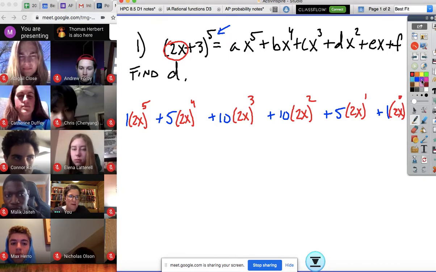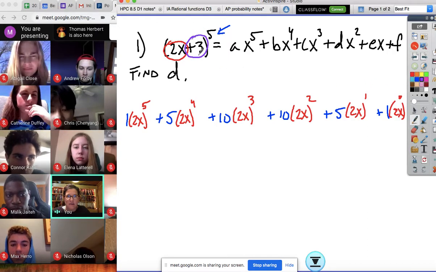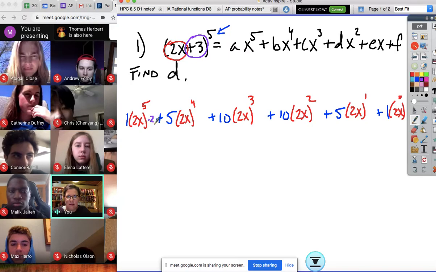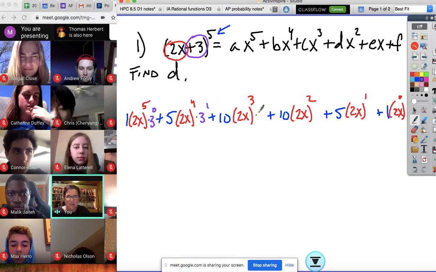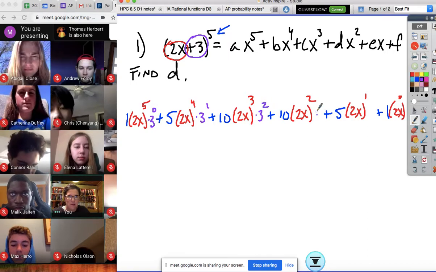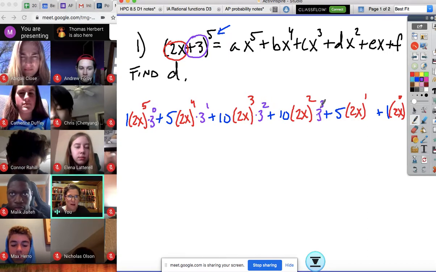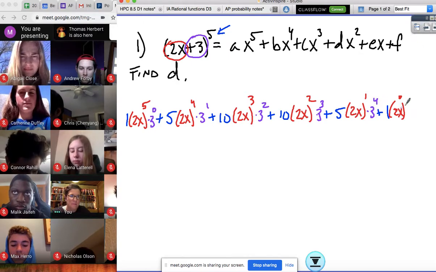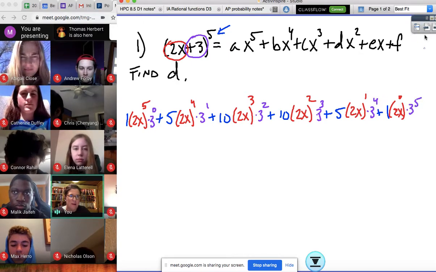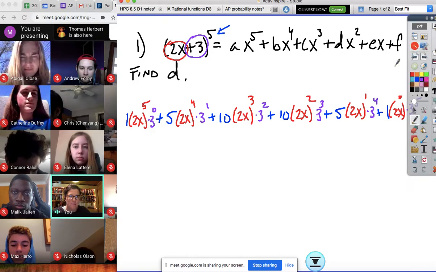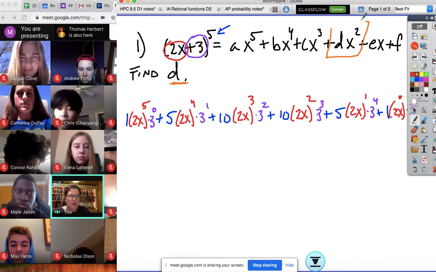And then whatever is listed second, which happens to be a 3, that starts at 0 power and then it increases. So each term, the exponent on the 3 is going to get bigger and bigger. All right, now we don't have to figure out this entire thing because the problem is just asking for d, and d is in this term right here.